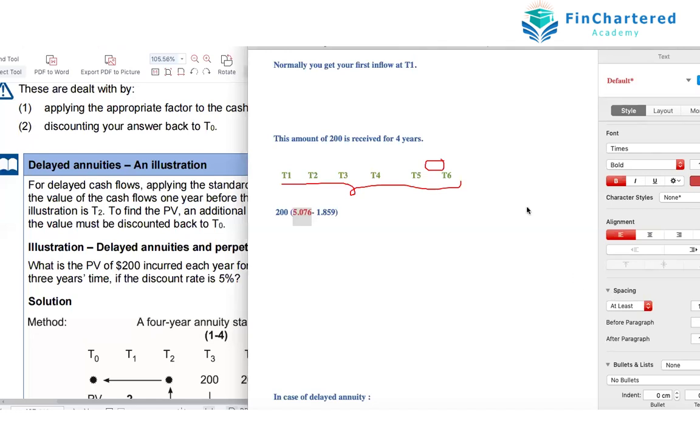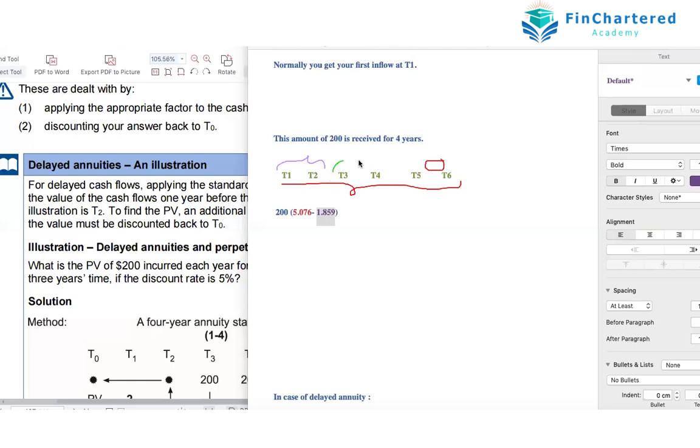So 5.076 is the annuity factor for all the 6 years. 1.859 is the annuity factor for the first 2 years. It's in purple. Whatever is remaining, I think I'll put it in green.